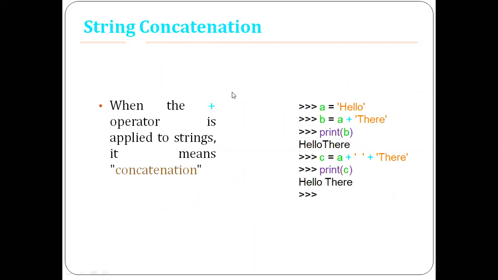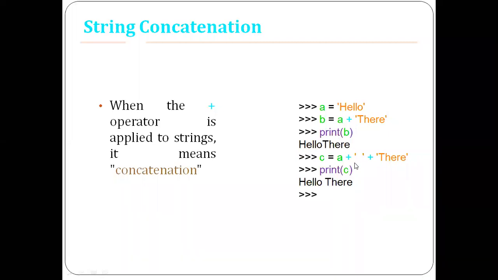And there is one more example, called string concatenation. When the plus operator is applied to strings, it means concatenation. Let us look at an example here. a is equal to hello and b is equal to there. a plus b, that is hello plus there, so hello there. We are not leaving any space here.